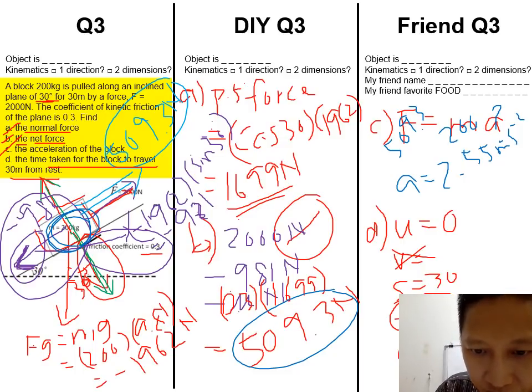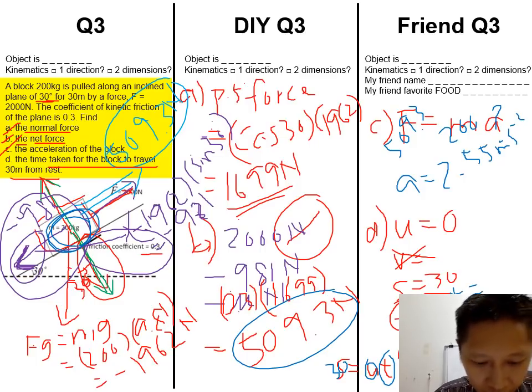Which formula can we use? The formula is S equals UT plus half AT squared. So we plug in one by one. S is 30, U is 0, T we don't know. Half, A is 2.55.